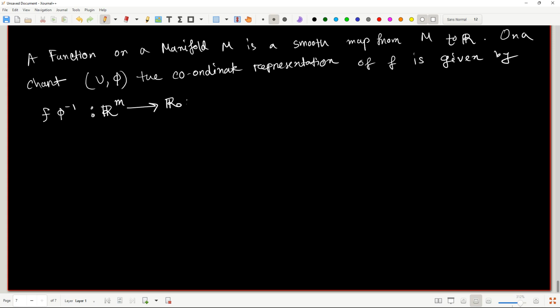You can also call it a vector valued function, but since we haven't defined what is a vector yet on a manifold, we don't want to say that. We are just calling it a real valued function of m variables.